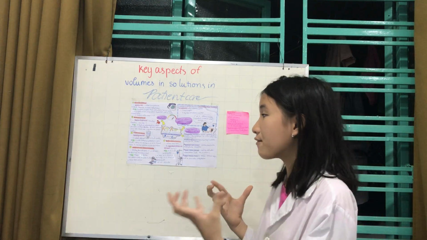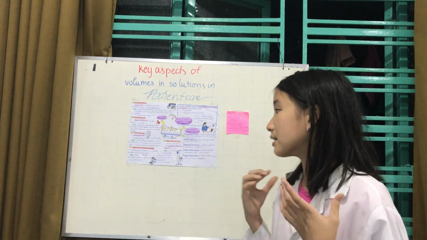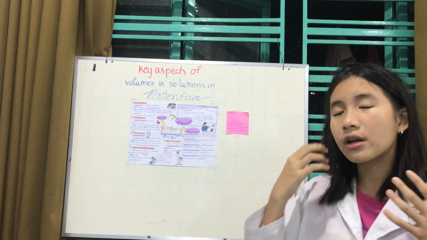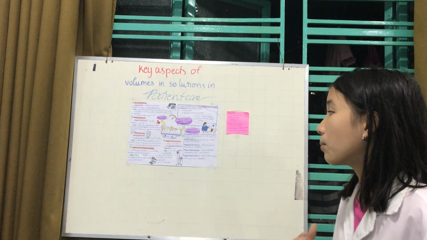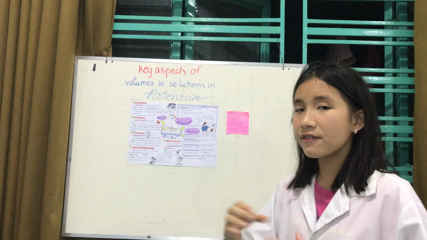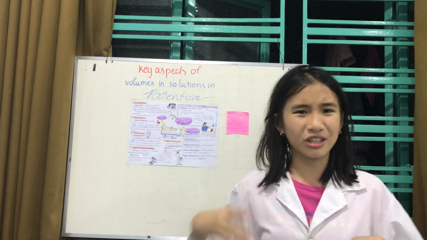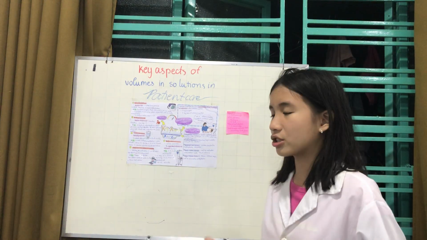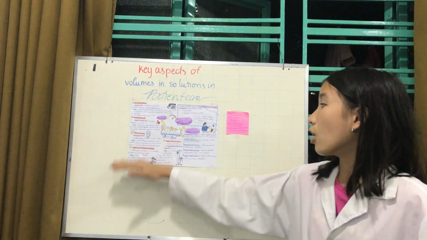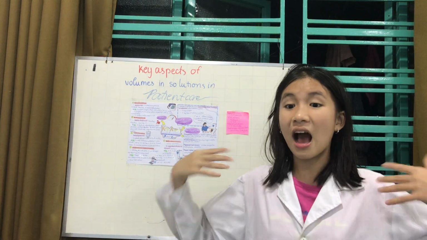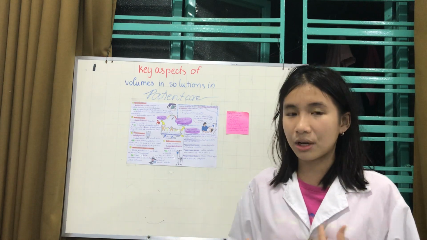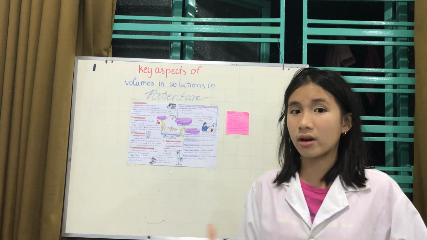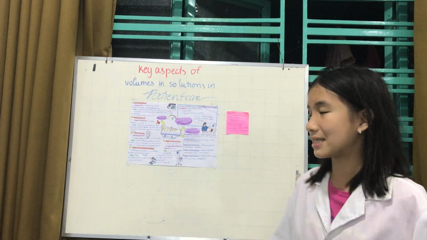The patient is given IV fluids such as 5% dextrose and 0.45% normal saline. So given this amount based on their condition and their status, it will help them to maintain hydration and electrolyte balance. So maintenance will help them to be hydrated even though they can't drink. So that is one of the main purposes of IV fluids.